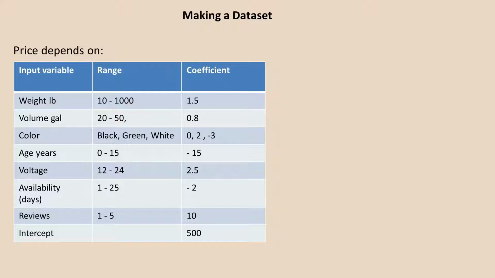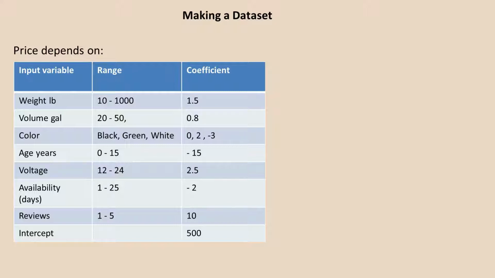We think it will also depend on age, and it's assuming that we are selling not only brand new items, but used items as well. And obviously this dependency is negative, meaning the bigger the age is, the less the price, and the coefficient is 15. It means that, for example, if an item is 2 years old, we will take off $30 of the price.